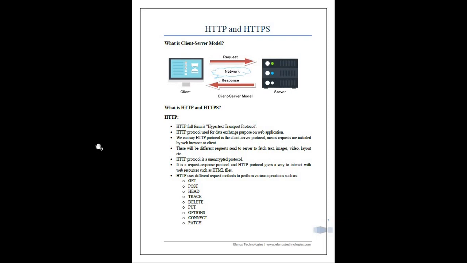Okay, so first we will discuss what a client and server model is. If you can see my screen, the client is on the left side and the server is on the right side. As a very basic example, when we type www.google.com, what will happen?